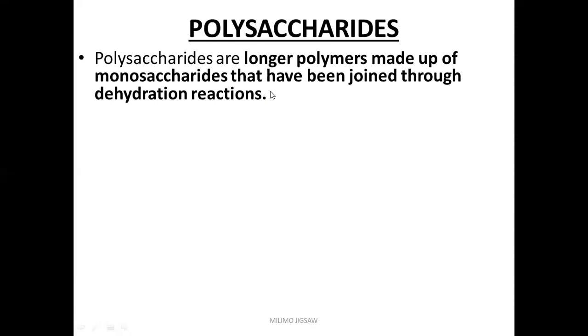They are polymers made up of monosaccharides, which have been joined through dehydration or condensation reactions. Remember, we explained when we looked at macromolecules what dehydration and hydrolysis reactions are.